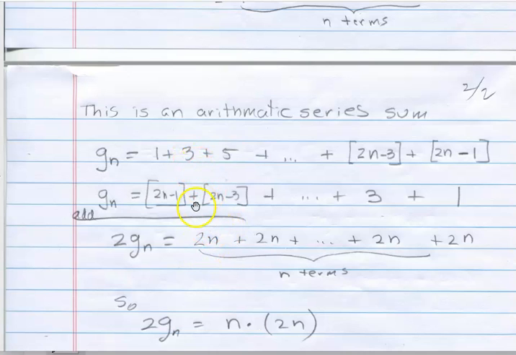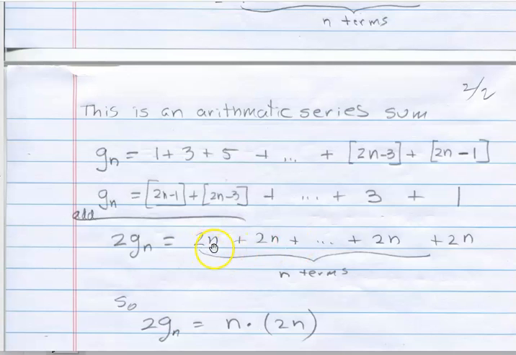I'll get 3 plus 2n minus 3, well, that will be 2n. Keep going, they'll all be 2n. The next to the last term over here, when I add these two, 2n minus 3 plus 3, I'll get 2n. And the very last one over here, I'll get 2n minus 1 plus 1, or 2n. So these n terms are all the same, 2n. That happens for all of these arithmetic series.